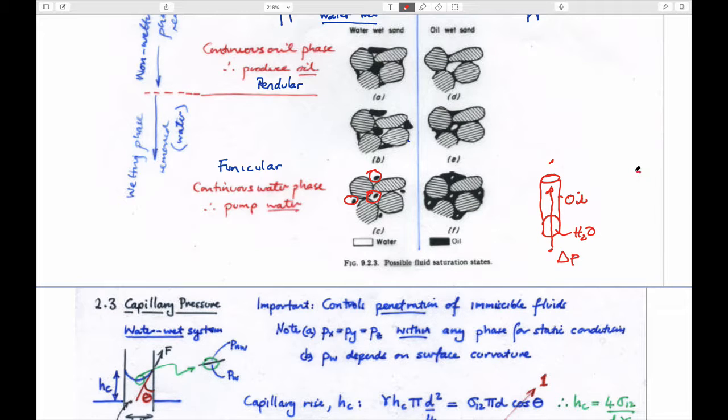Or if you think about it the other way around, if you were spilling oil into this capillary tube just under its self-weight, what height of a column of this would you have to supply before it's able to push this thing down?